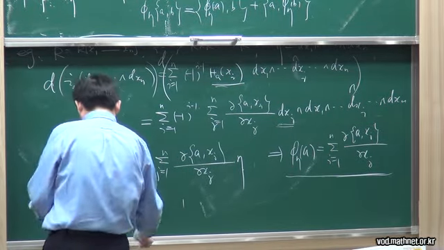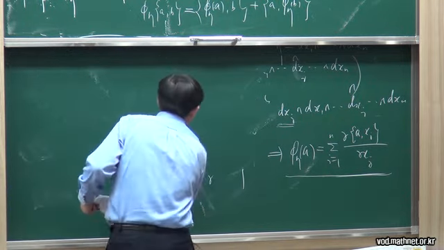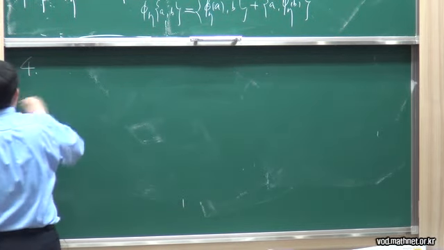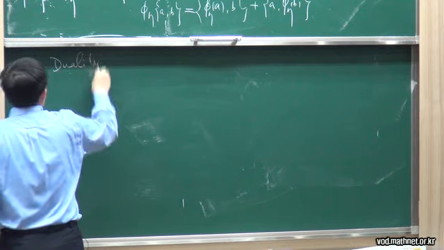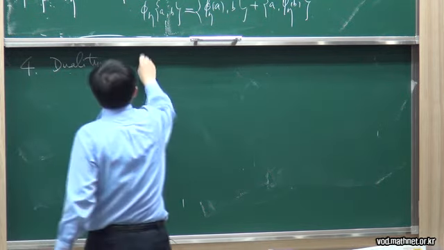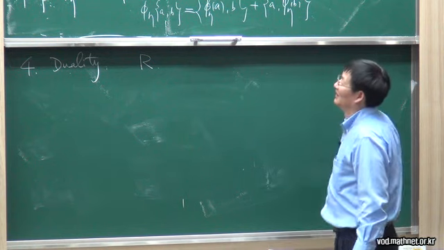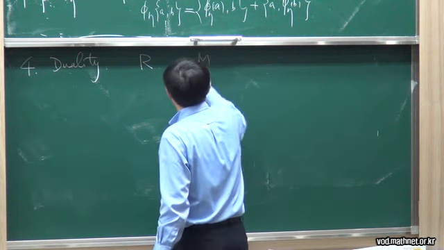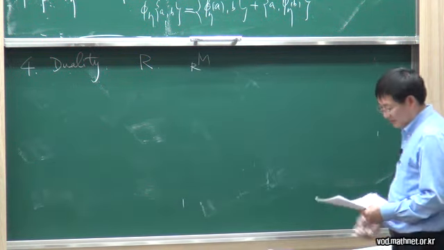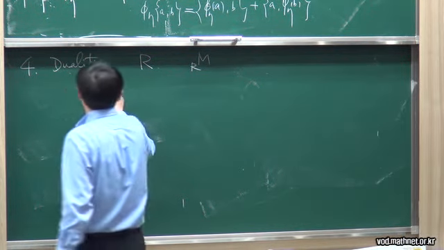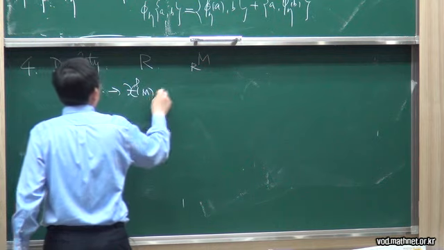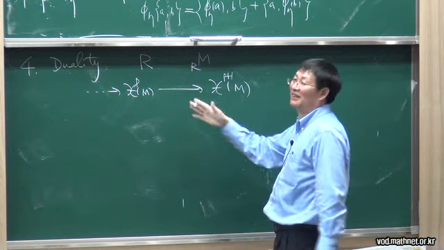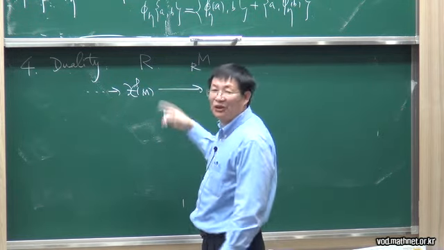So now I can state the duality. That means if R is a smooth Poisson algebra with trivial canonical bundle and also of dimension n, and M is a Poisson module, for any general Poisson module, then we define this, as in the Lie homology case.